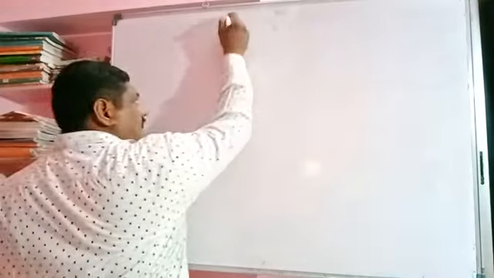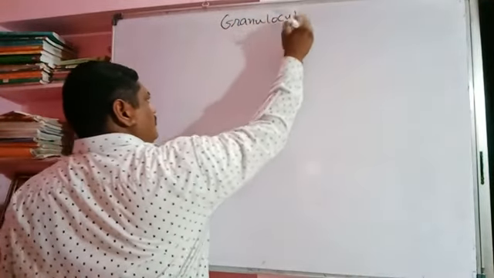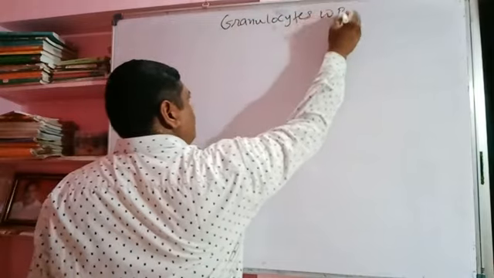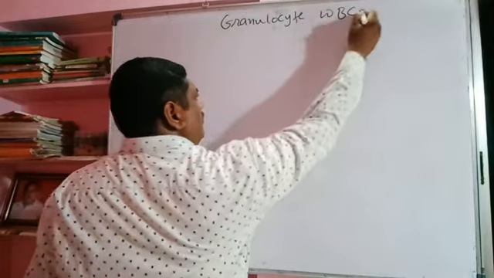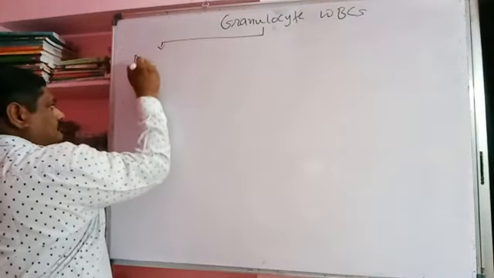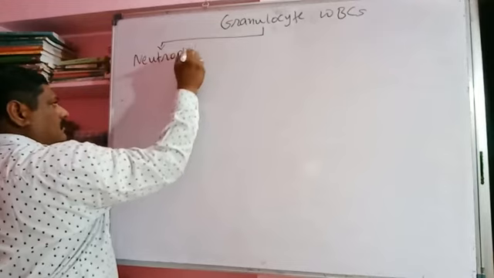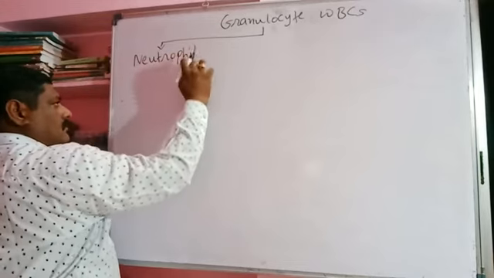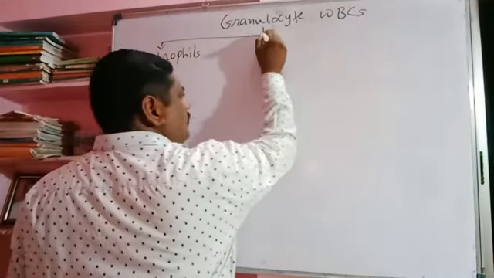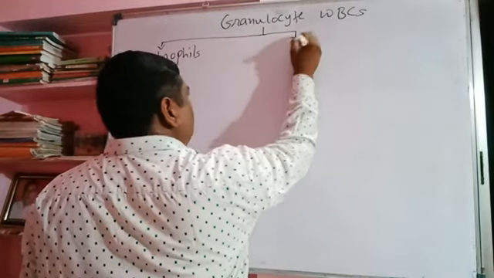The granulocyte WBCs are of three types: neutrophil, eosinophil, and basophil.